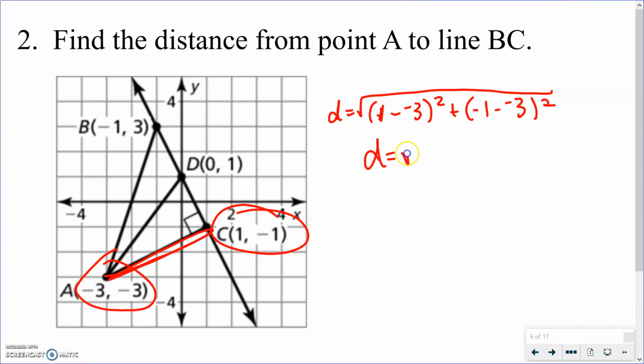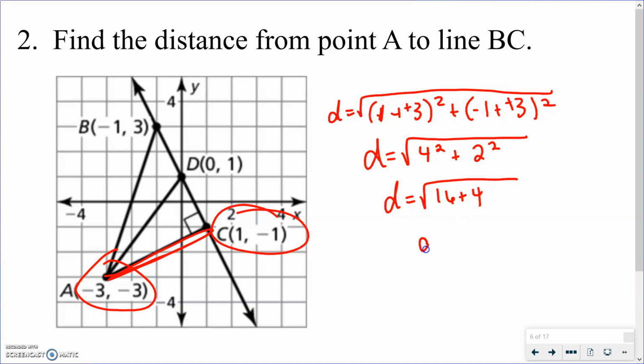So we get 4 squared plus 2 squared. So the distance is going to be equal to 16 plus 4, and so that is the square root of 20, which is approximately 4.5.